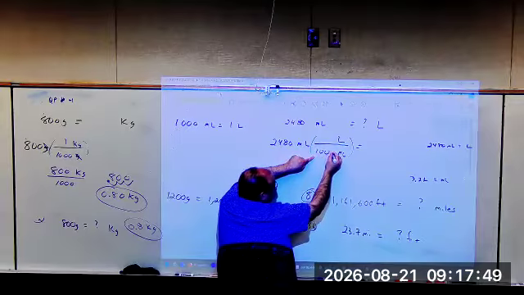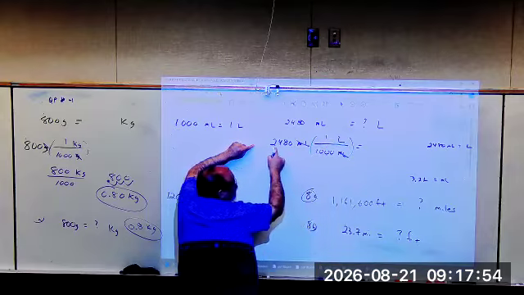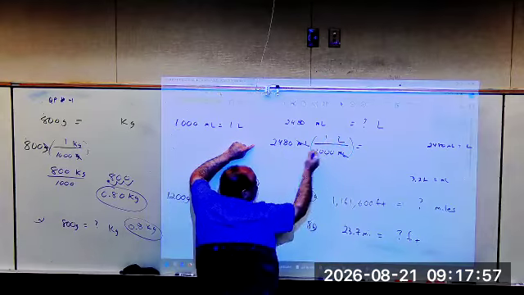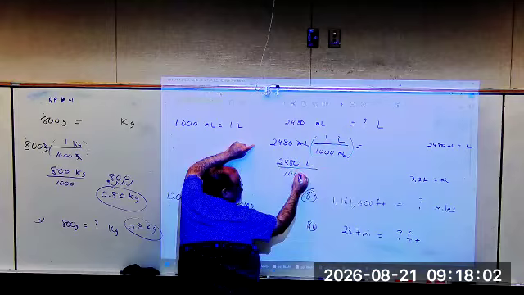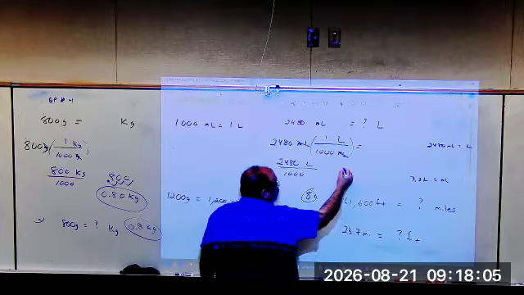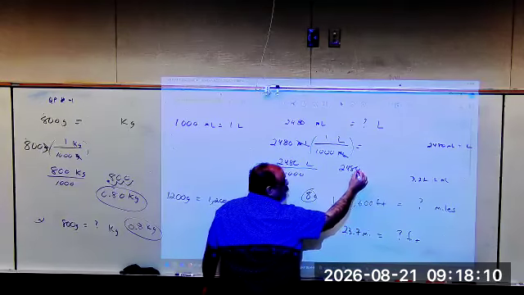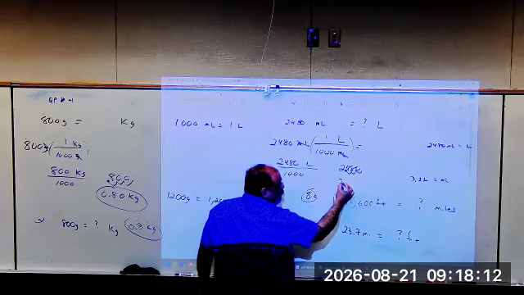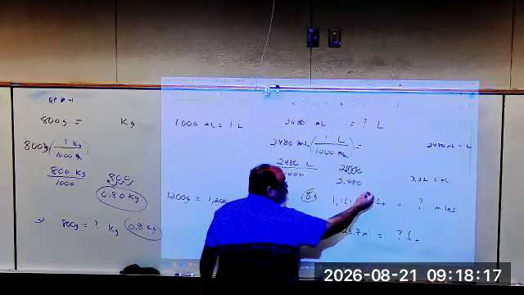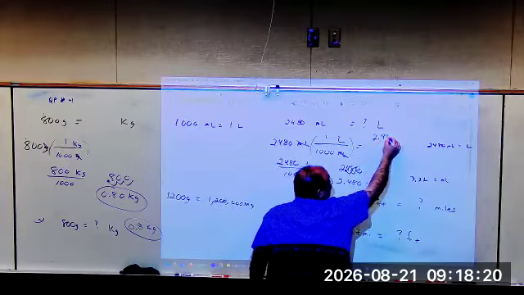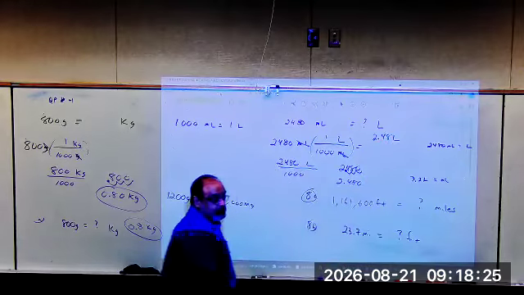So the milliliters reduce, 2,480 times 1 liter divided by 1,000, which means you take that 2,480 and you move the decimal 3 times to the left and get 2.480, which rounds to just 2.48, 2 decimal places, and that's how many liters we have.